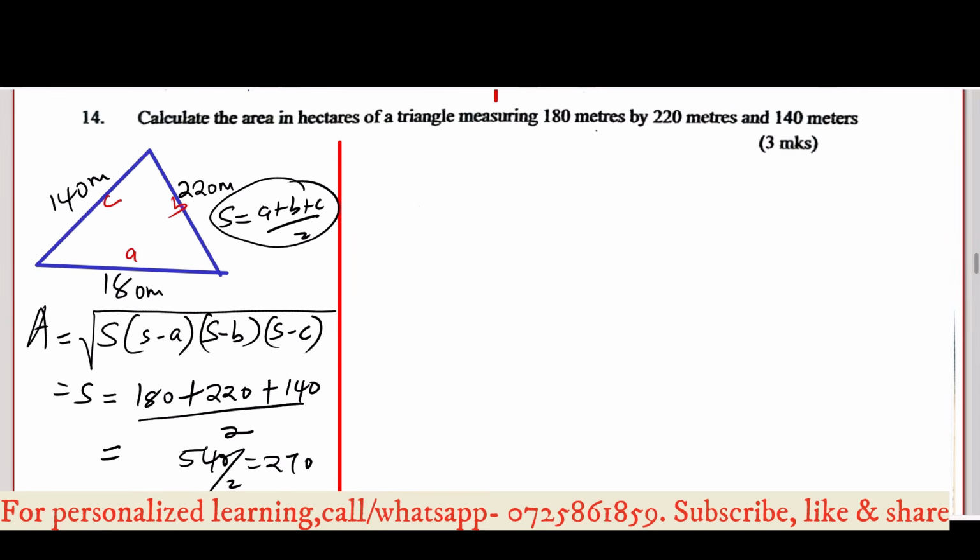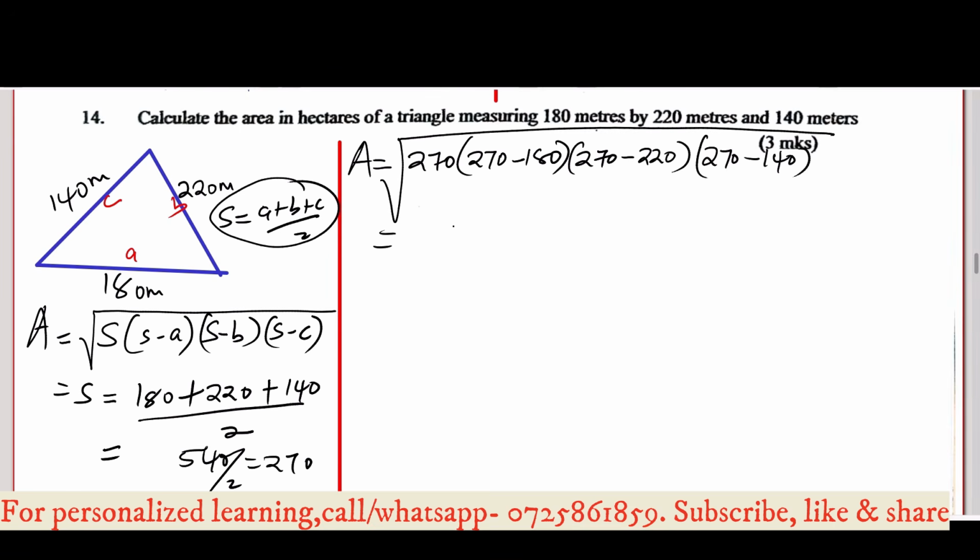Now we use the formula. So area is given by the square root of S, which is 270, then 270 minus A, 180, 270 minus B, which is 220, then 270 minus 140. So this will give 270 times 270 minus 180, that will give 90. Then multiply by 270 subtract 220, that is 50. 270 subtract 140, that will be 130.